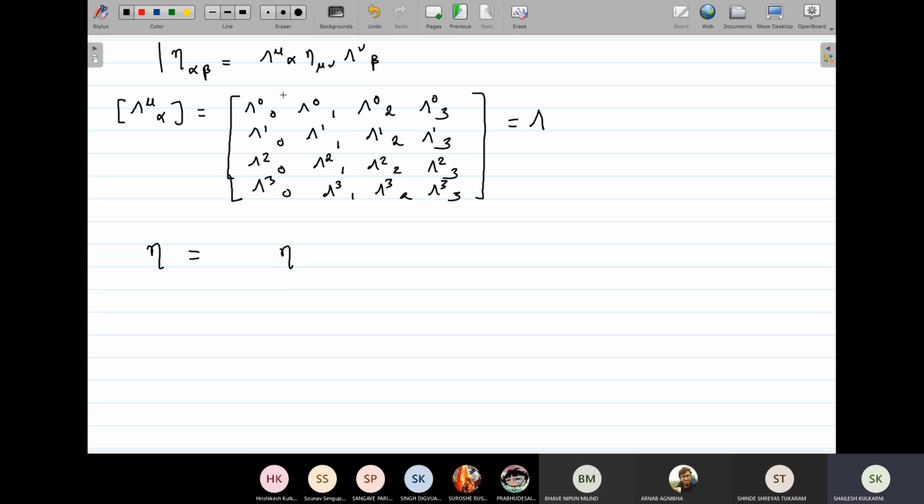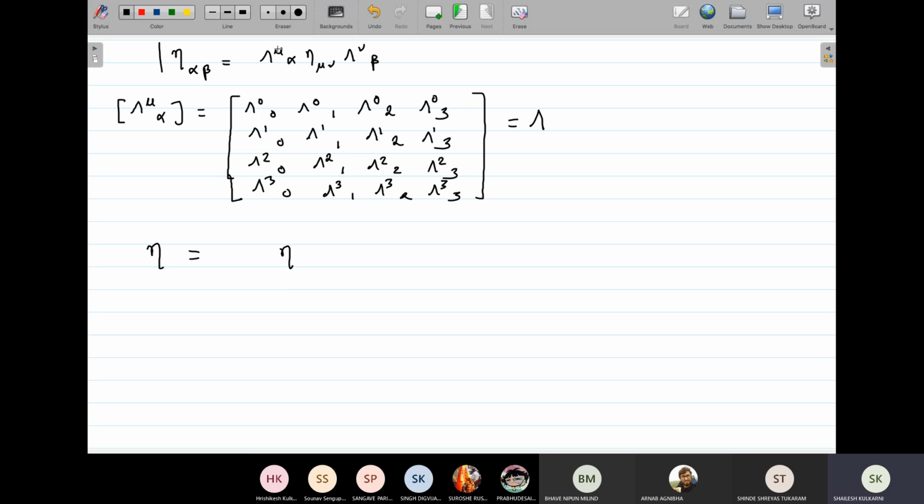Where this sum is coming, there is a summation over mu, there is a summation over nu, and alpha, beta are free indices, because on the left hand side alpha, beta are free indices.